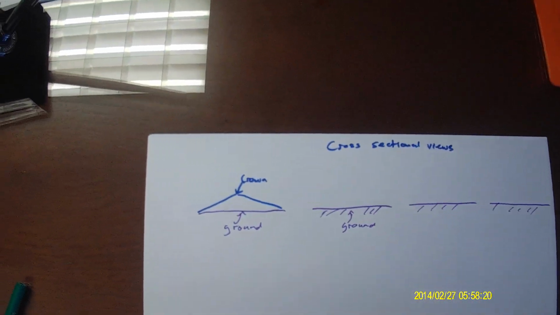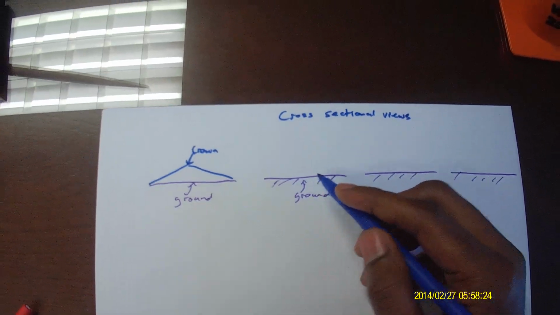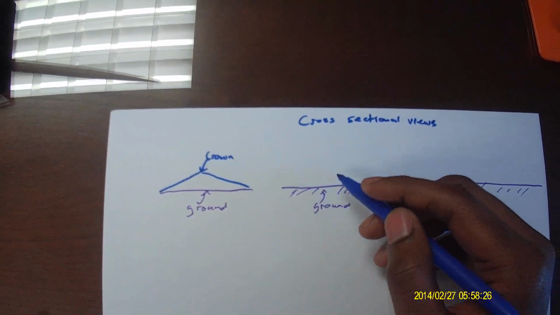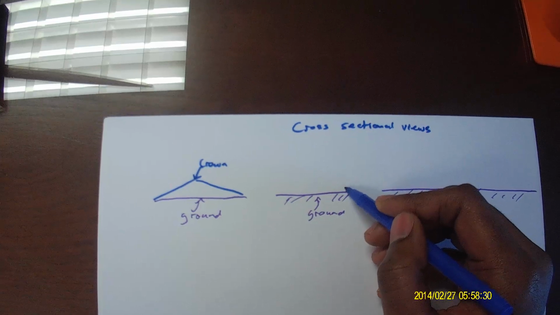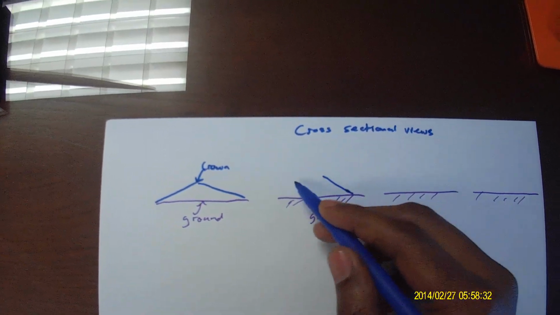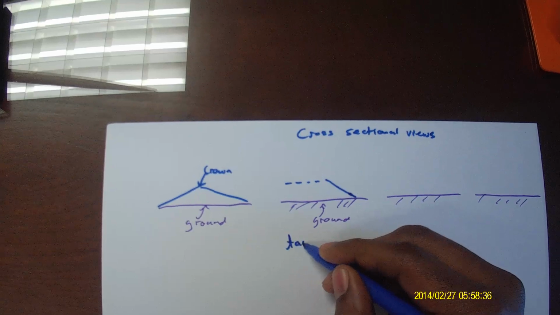All right, so the first stage is to go from a normal crown to a length of tangent runout. If I'm going into the page, I'll probably have something that looks like this. That's the tangent runout.